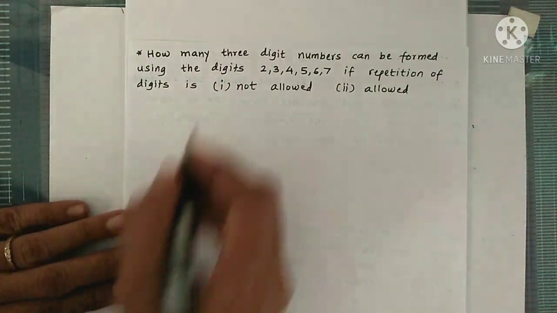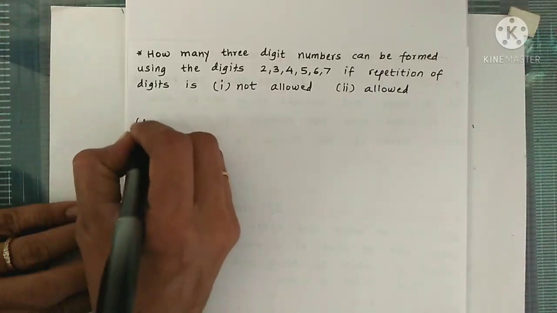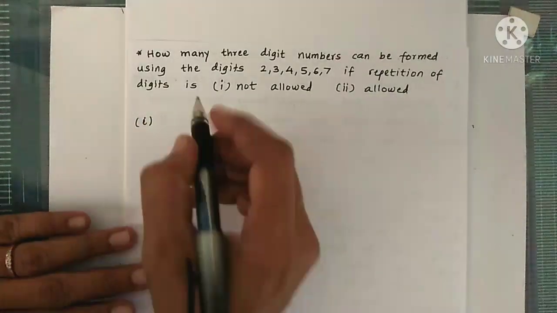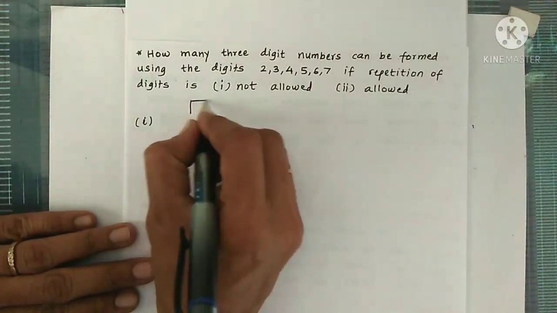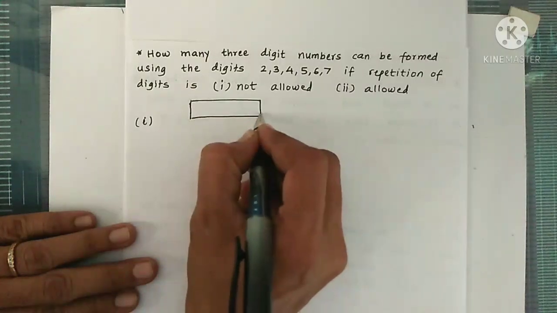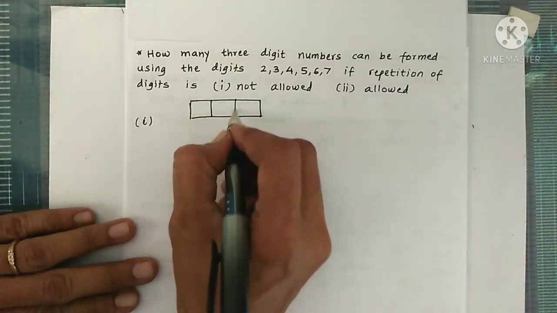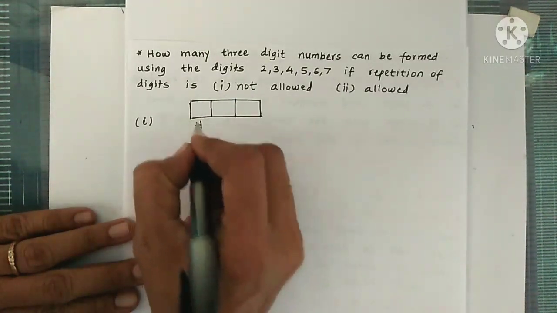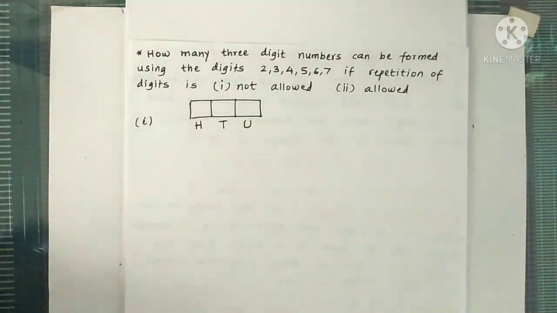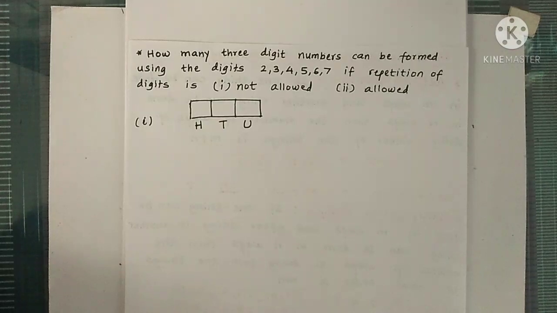Okay, let's see the first one. First of all, we have to form a 3-digit number. That means we have to select a digit for the hundreds place, then for the tens place, and for the units place. So we have to fill these 3 places so that a 3-digit number can be formed.